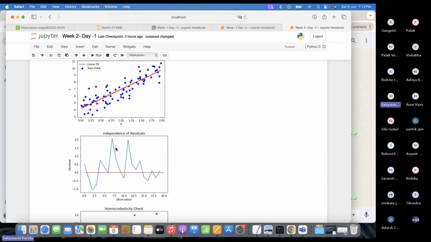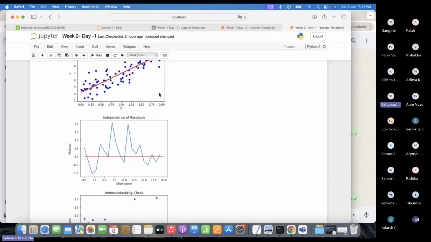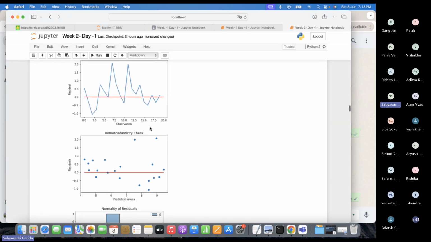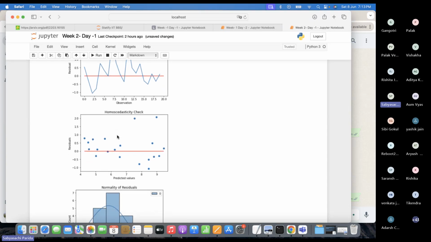And the other is the independence of residuals. So for all the residuals or the errors that I have between this line and the particular data point, if I plot that, then I see that there is an independence between the residuals. Similarly, the homoscedasticity check says that the variance needs to be constant.